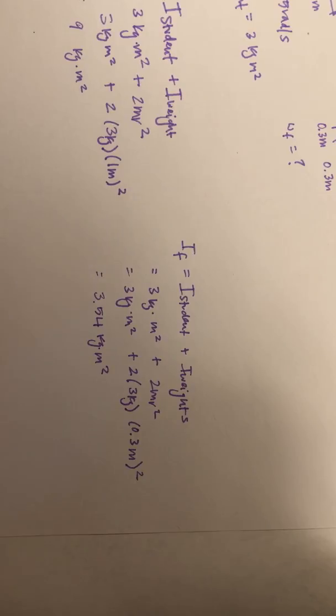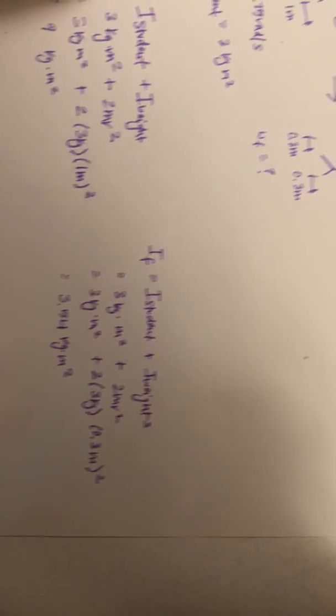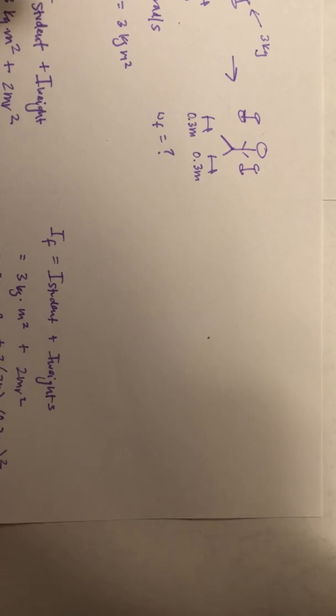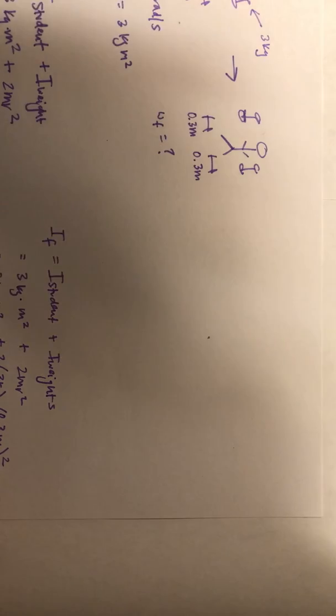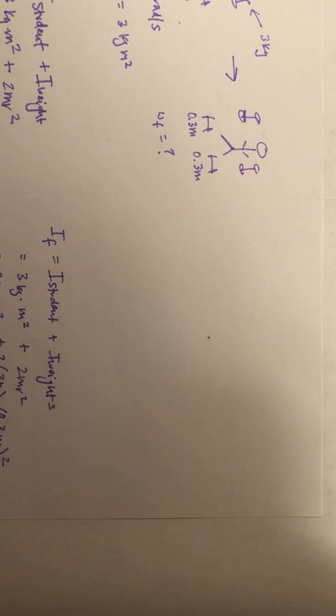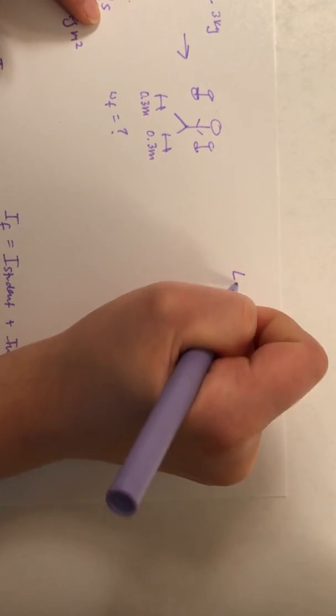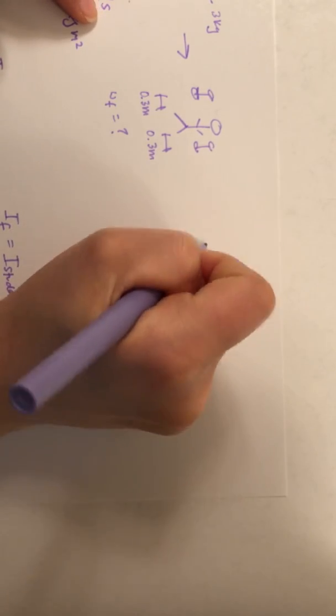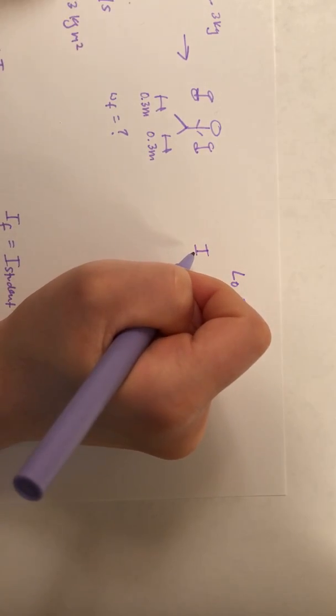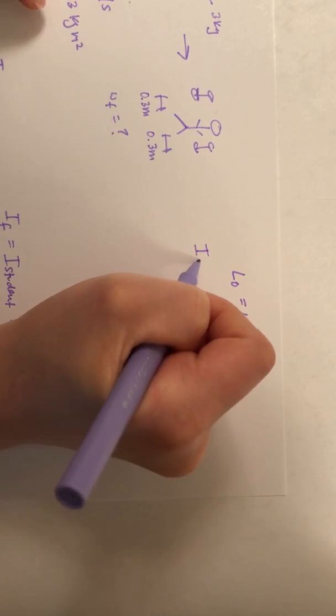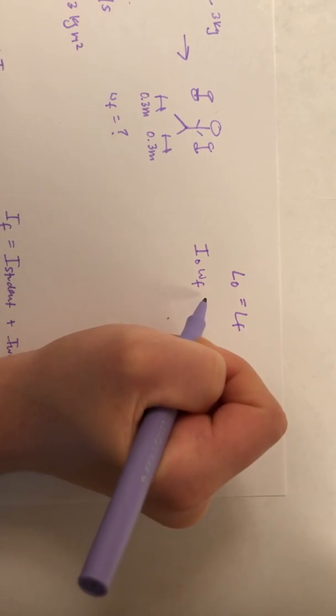So next we're going to use conservation of angular momentum to figure out the angular speed. The angular momentum initial is equal to the angular momentum final. Angular momentum is equal to moment of inertia times angular speed.